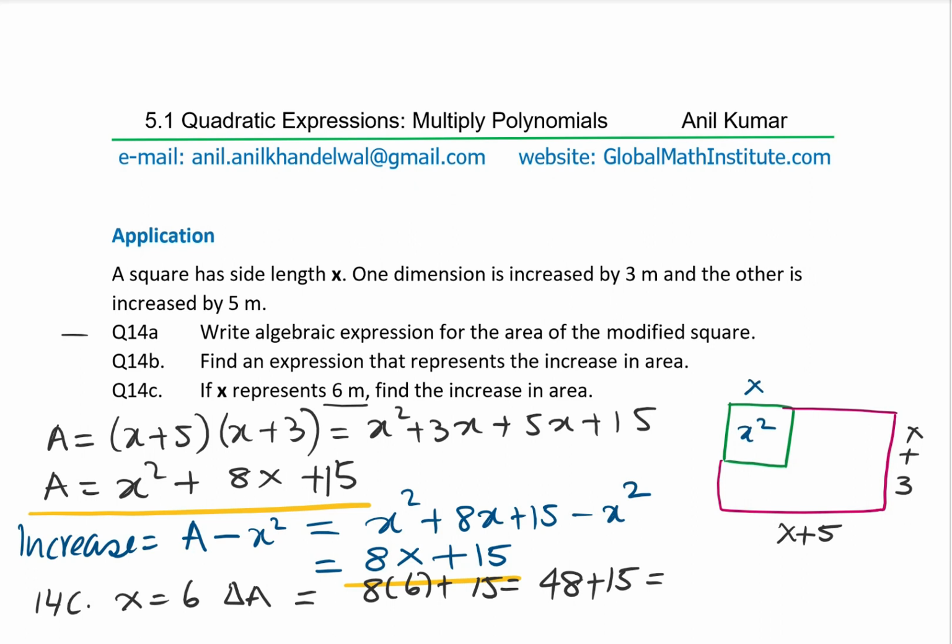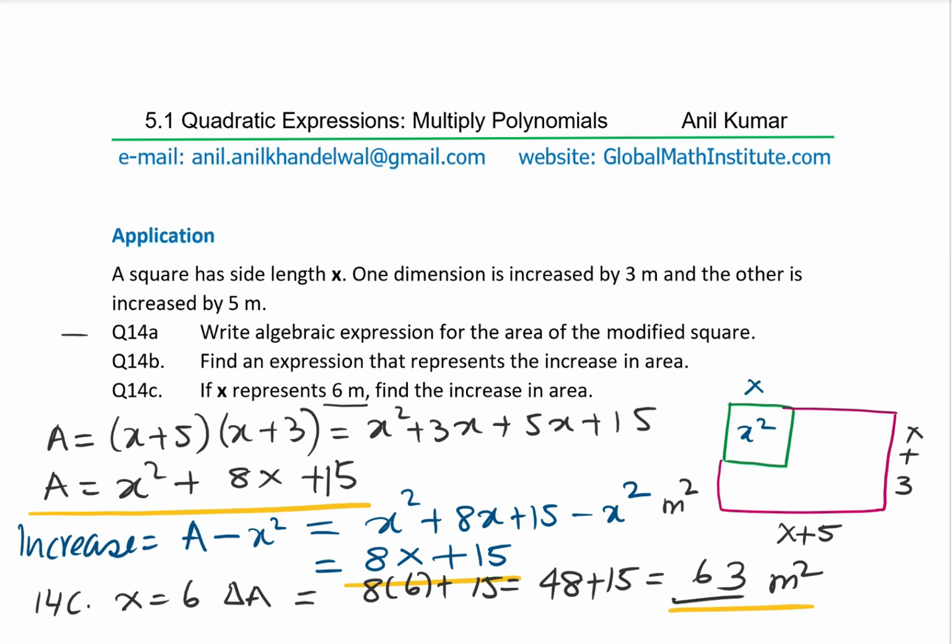And when you add it, 8 and 5 is 13, 3, 1. And 1 and 4 is 5, 63. Units are meters squared. So it's kind of important to understand that units are important. Include units in your answer. So the increased area is 63 meters squared when x is equal to 6 meters.